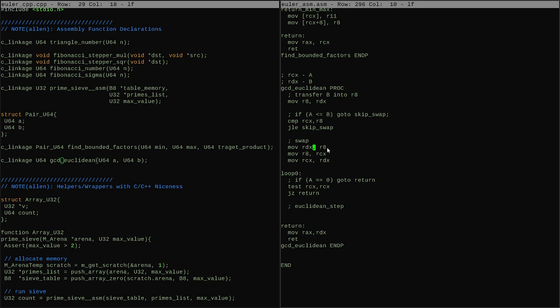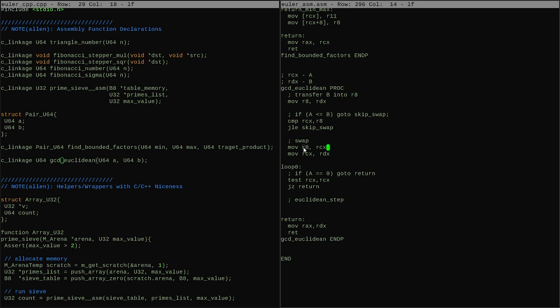So we can skip this part because we know that these two will be equal by the time we reach here. Because the only way to reach here is to go here, here, here, here. So here they become equal, nothing changes them here. Here they're still equal.